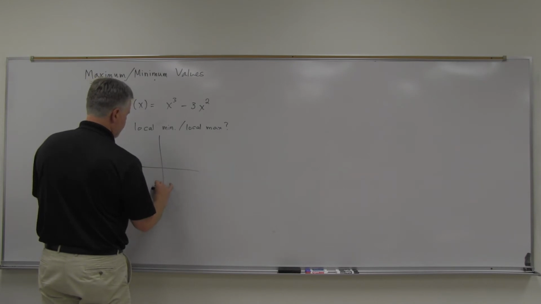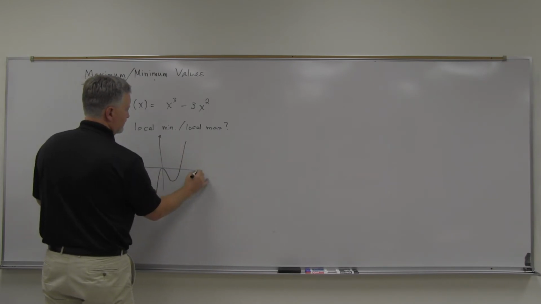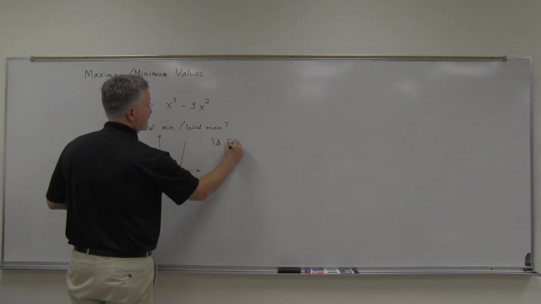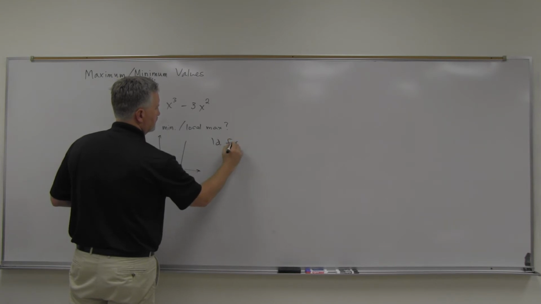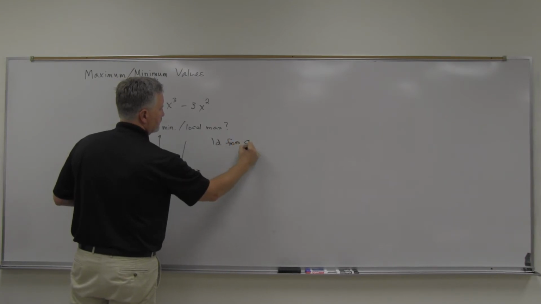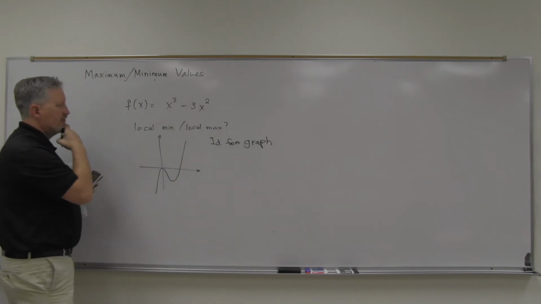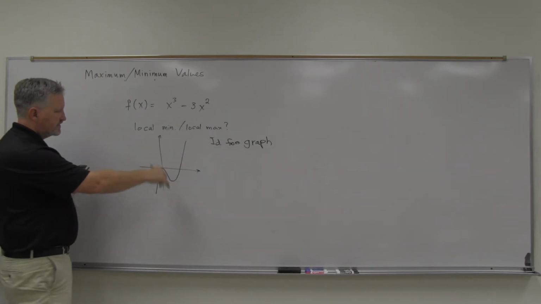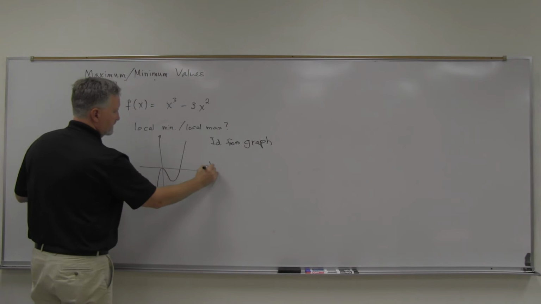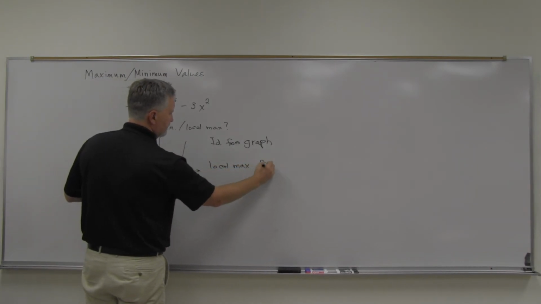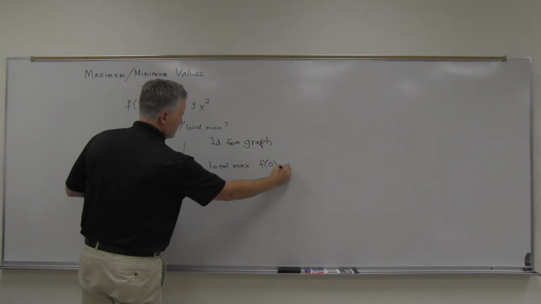So, same idea here, just identifying it from the graph. So it looks like this. Yeah, so I've got a local max there. It looks like 0, 0. So the function value at 0 equals 0.